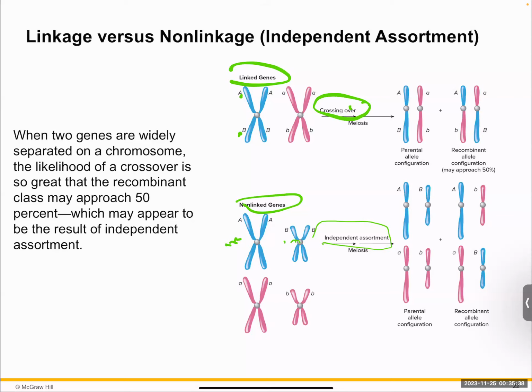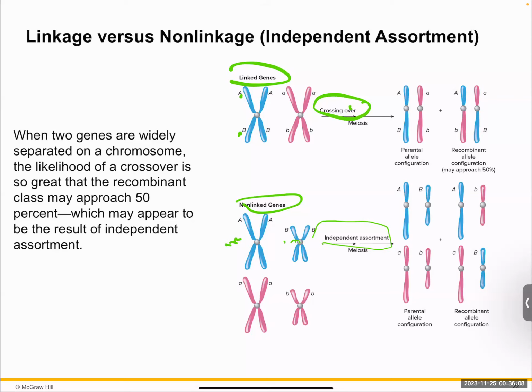So chromosome 1 and chromosome 1. However, if you're looking at genes that are not linked, let's say on chromosome 1 and chromosome 2, they may create similar results through independent assortment, and they will look very similar to the recombinant gene that results from crossing over.